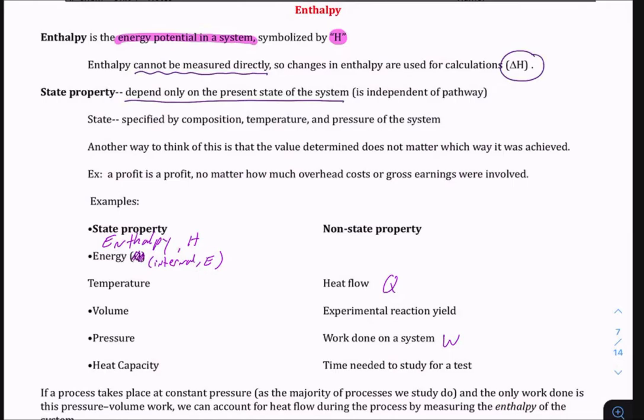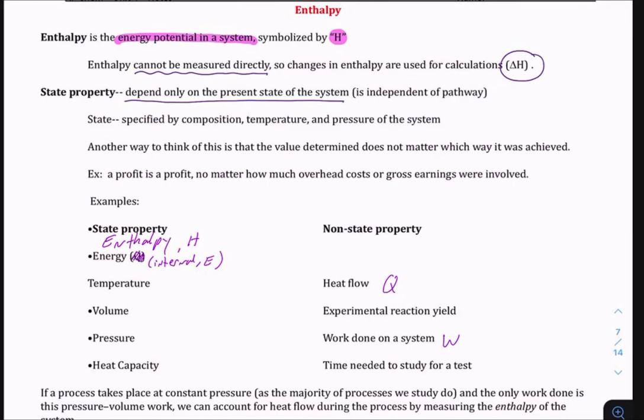Okay, so another way I think of this is if you're a business owner and you need to make a profit, you could sell lemonade on the corner of your street. Okay, you could spend $10 in materials and you can earn $40 gross. So how much did you profit? 30, right? You put in 10, you got 40. The difference is 30, right?